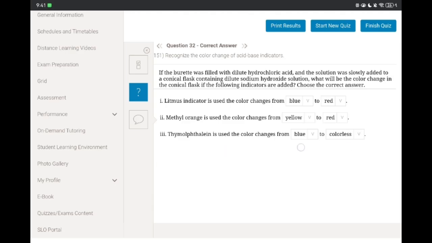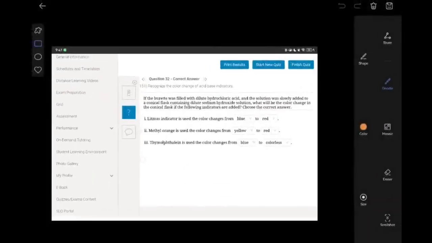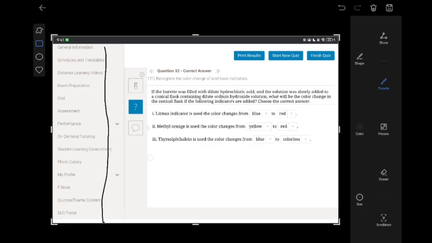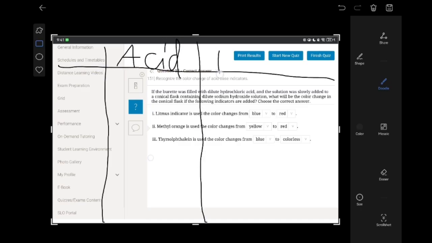Just remember. I'll try to draw a table really fast explaining all of them. So look, you have 4 main indicators that we learned. We're going to go like this, with acid and base columns. Let me make the space a bit more.